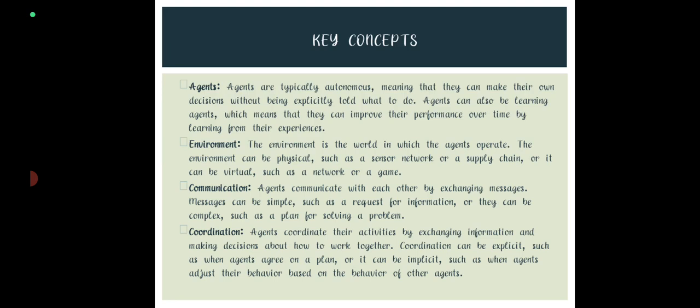Coordination can be explicit, such as when agents agree on a plan, or it can be implicit, such as when agents adjust their behavior based on the behavior of the other agents. So, these four are the main key concepts of agent based and distributed problem solving.